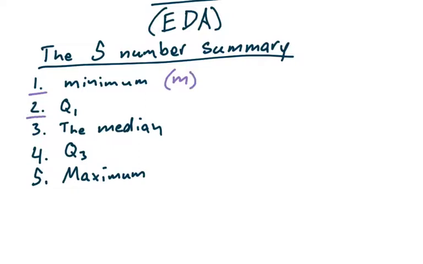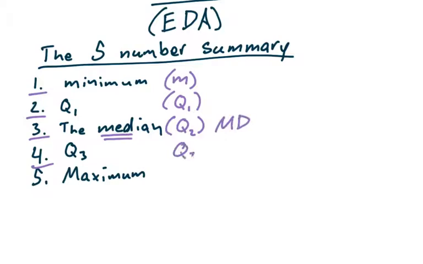For number 2, that would be the first quartile, Q subscript 1. So that's how I'll always denote that. For this one, the median is Q subscript 2. I don't really remember if there's an agreed upon abbreviation, but maybe we could use MD for median. Q3, the third quartile, and I'll use capital M for the maximum value.